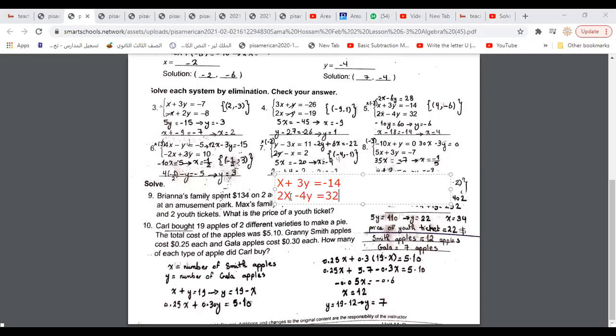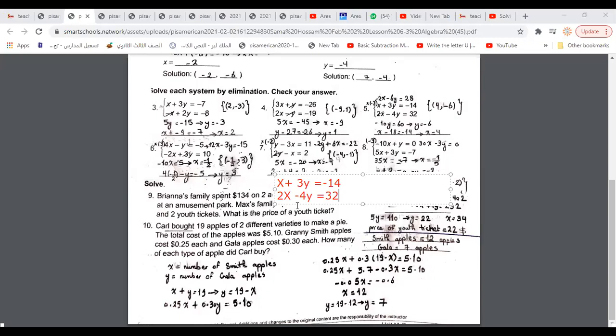Let's move to y. This is 3 and this is negative 4, right? They are the same? No. Is it the number and its additive inverse? No. Then in this case, we will not add or subtract because we can't find the same number exactly.